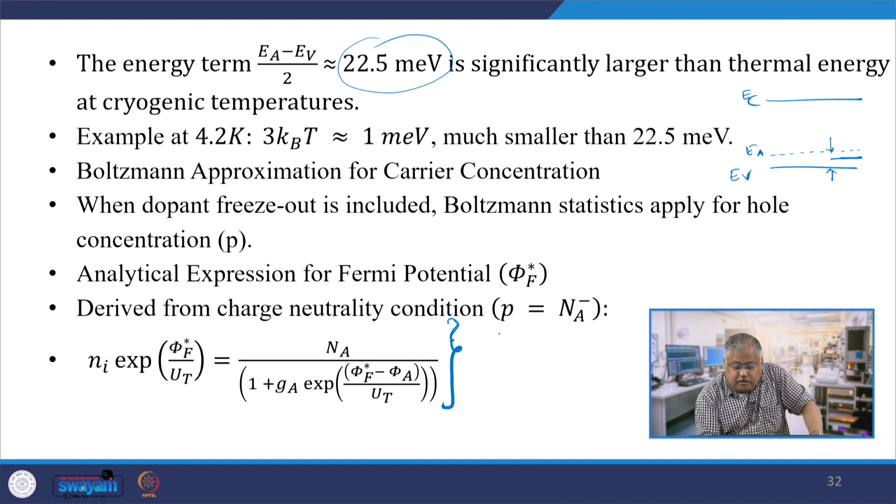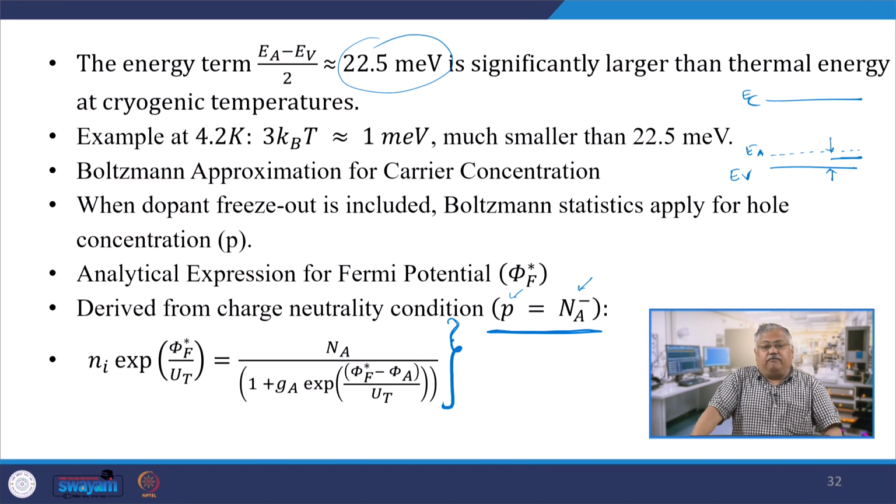That's the reason I've written P equals Na minus, which means the number of holes is exactly equal to the concentration of acceptor ions in the negative charge. Keeping that in mind, I get Ni exponential phi f star by Ut, where Ut is kT by q, becomes equal to this complicated formula where Ga is known as the degeneracy factor.